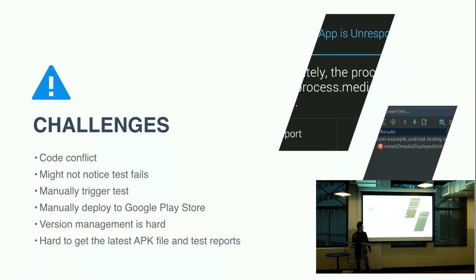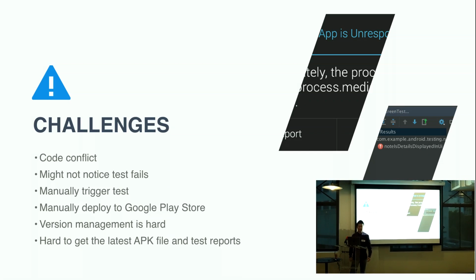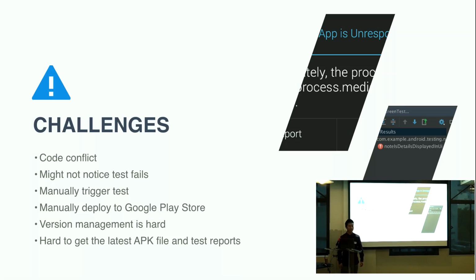How do you get the latest APK file? Sometimes when you add a new feature to your app, your stakeholder may need the APK file, so you generate it from your local machine and upload it to some third-party beta distribution platform like Crashlytics or HockeyApp.